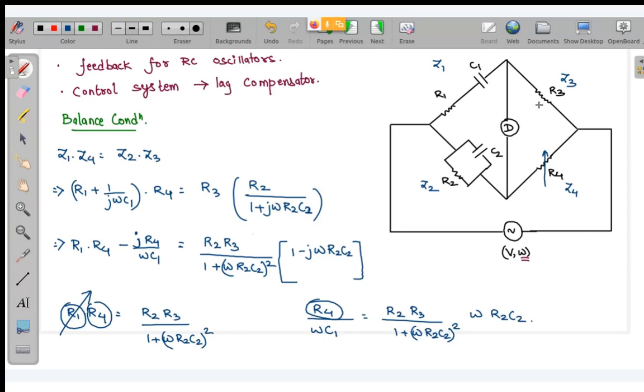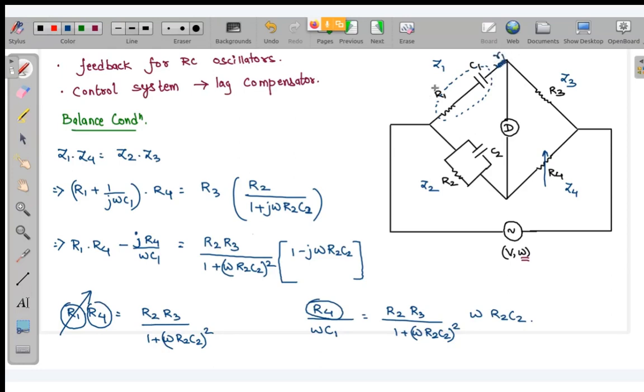Tell me, is it clear? Now don't tell me, sir, this R1 you only told is actually the inbuilt resistance of this capacitance. Yes, I know. But here also there is one apparatus where I can introduce external resistance.